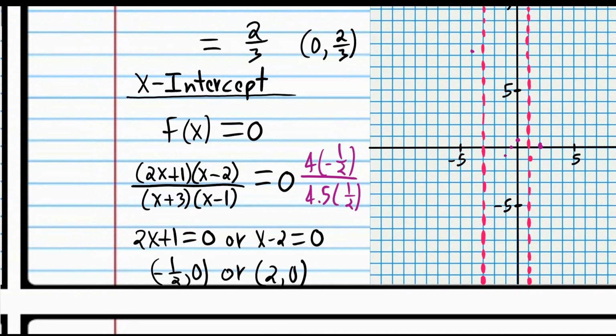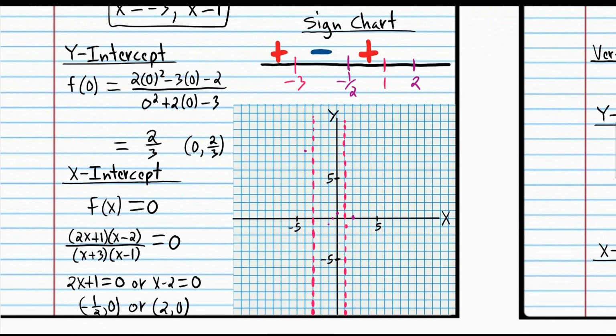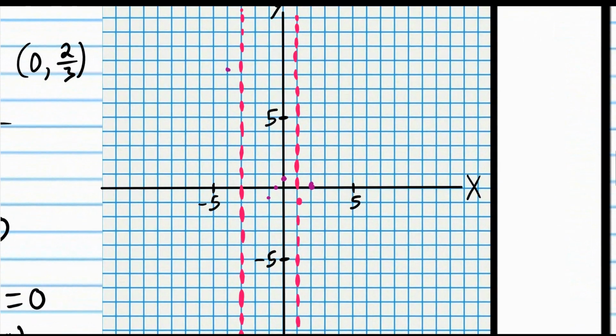So we get -2 over 9/4, and that gives us -8/9. So that's going to be a negative region. I can plot that point. That'd be about there.